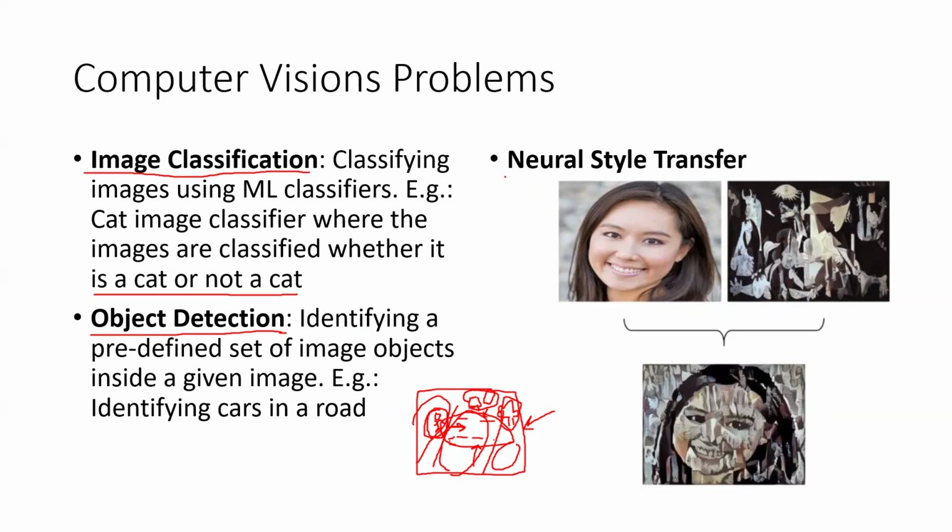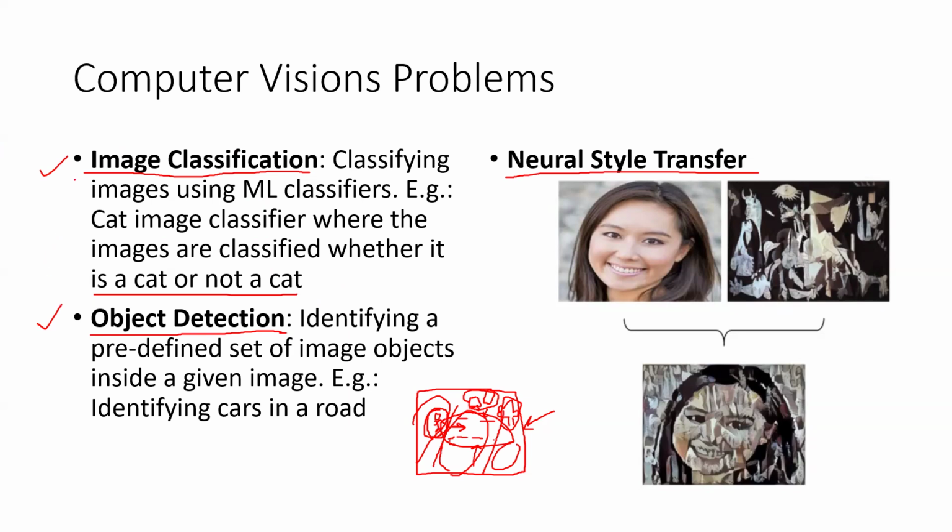This is a new version of computer vision problem, which is known as neural style transfer. When it comes to the earlier computer vision problems that were already solved using some mathematical techniques, image classification was possible to solve to a certain level of accuracy, and object detection was also possible to some extent, not into the level of human capabilities at all.